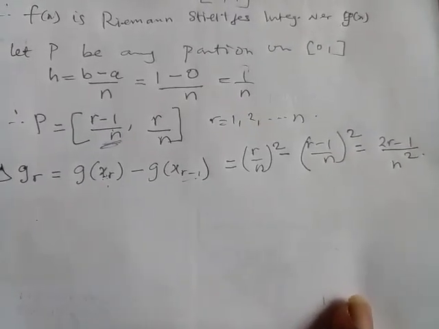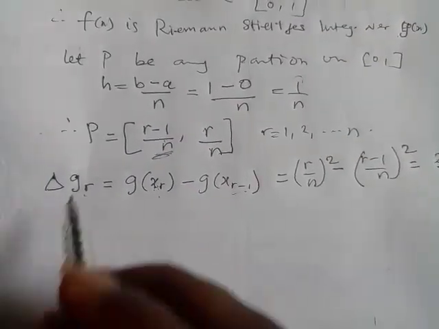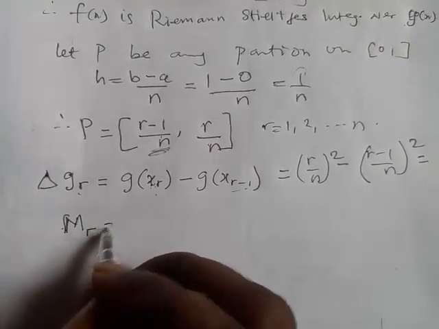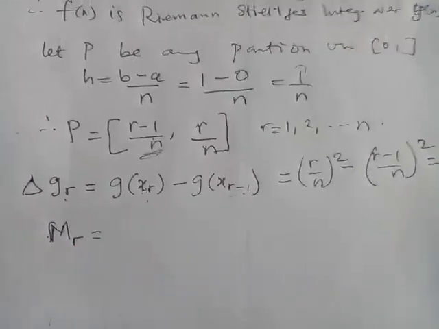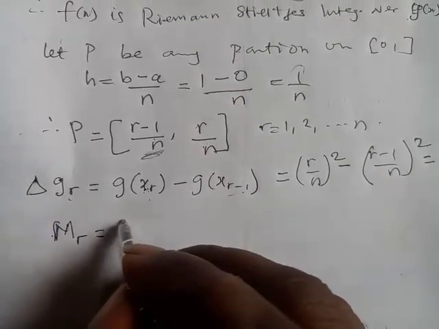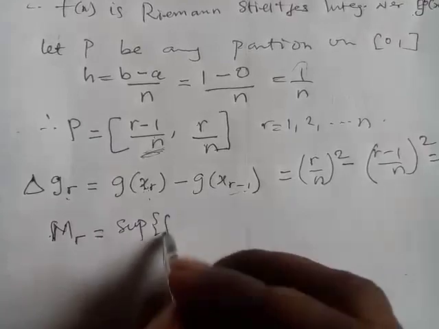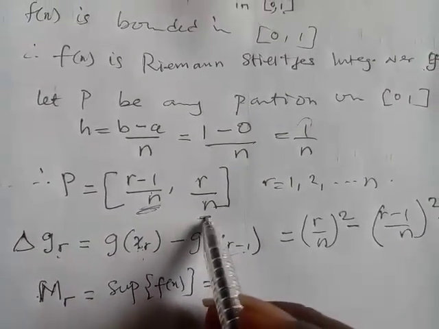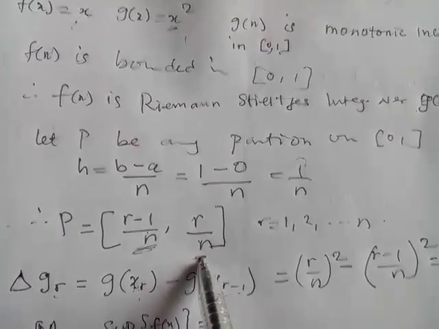Now let's keep that. We have known this. We need to know the big M_r, and we know that the big M_r is the supremum of f of x. Anywhere we see x in our f of x, we put this supremum there.